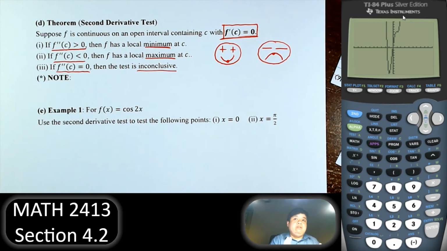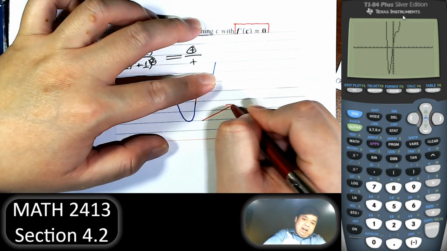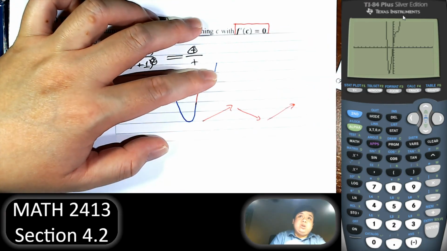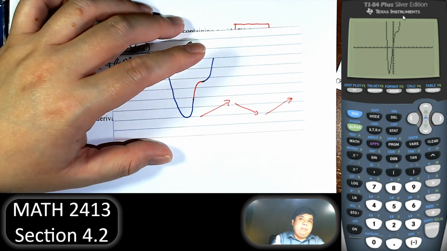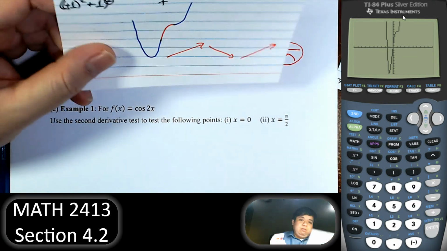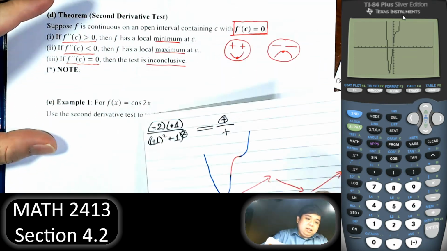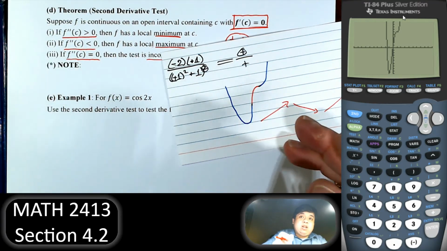If the first derivative does not equal 0, we have to use the table, the sign chart for the first derivative test. Because if we can look at increasing or decreasing like this, we can tell maximum, minimum directly, without knowing if the derivative exists or not.